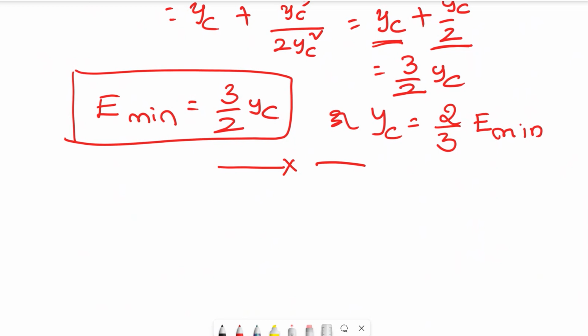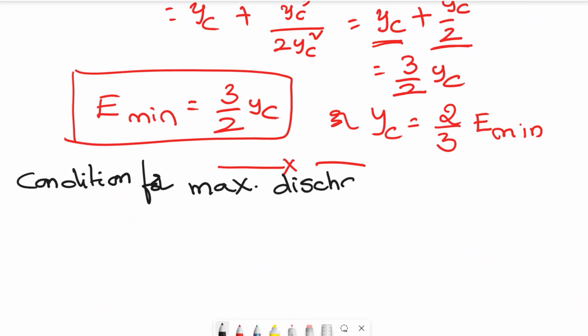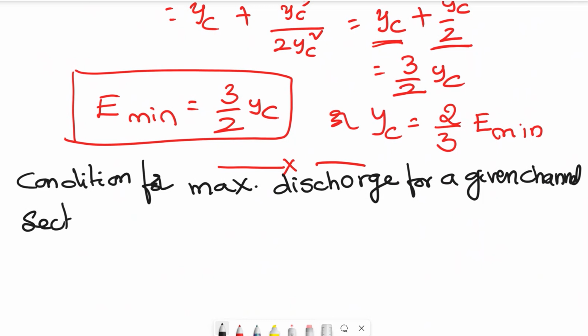So the last one which I will derive is: what is the condition for maximum discharge for a given channel section and given specific energy?